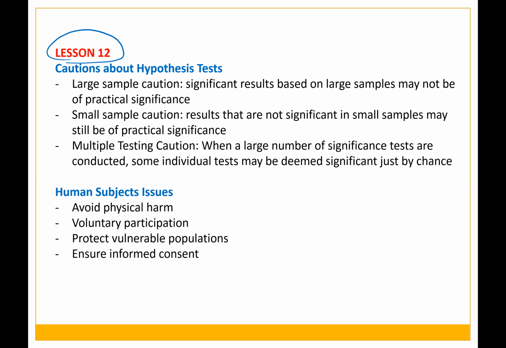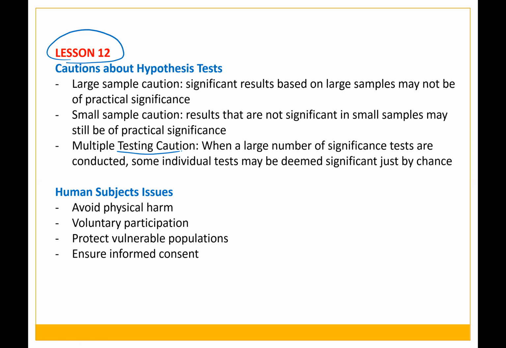And finally, it's the multiple testing caution. When you do a lot of tests, say 1,000 or 10,000 tests, then some individual tests may be deemed significant just by chance and not because of the true nature of the variables. Then finally, we have the human subjects issues.